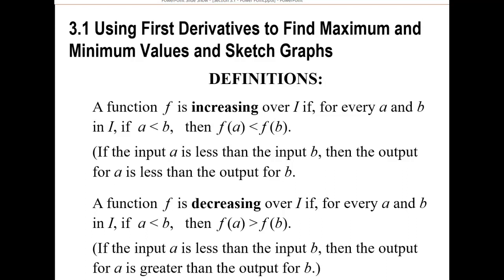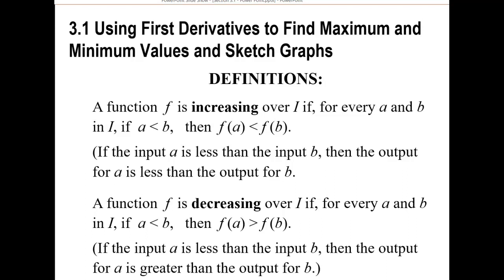So our first definition is using the first derivative to figure out where a function is increasing and decreasing. So we're going to first define what that means. A function f is considered to be increasing over an interval I if, for every a and b in the interval, if a is less than b, meaning a comes before b, then f of a is less than f of b.